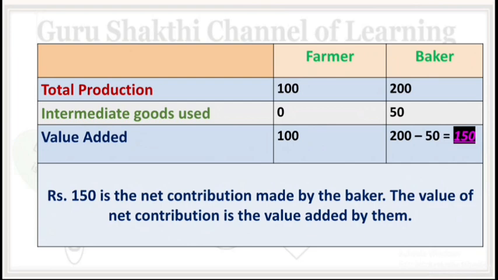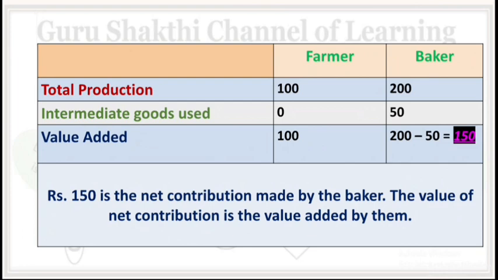Wheat is the contribution of farmers to the economy and it is completely taken into counting. Hence, its value from the baker's production has to be subtracted. And when it is subtracted, we get the value that the bakers added to the product. Now, we know what is value added.